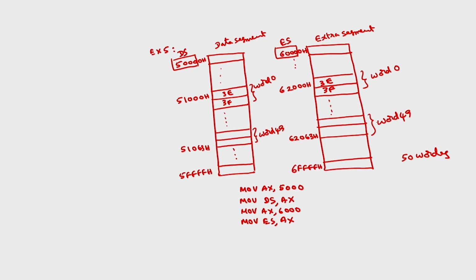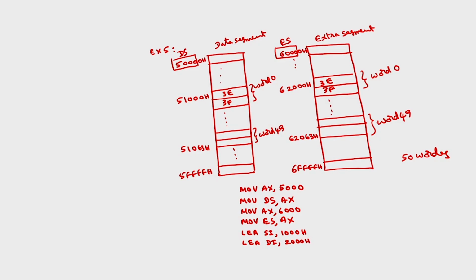Then the offset, load effective address. In string operations we know that this will be the source index, and this is the destination index. SI with the offset 1000, and DI with the offset 2000.